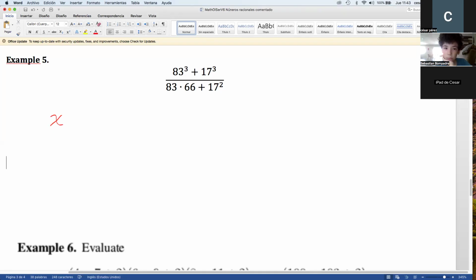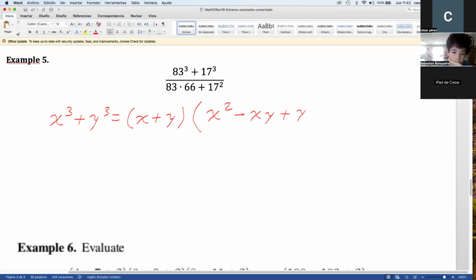x cubed plus y cubed. We can factor this like x plus y multiplied by x squared minus xy plus y squared.